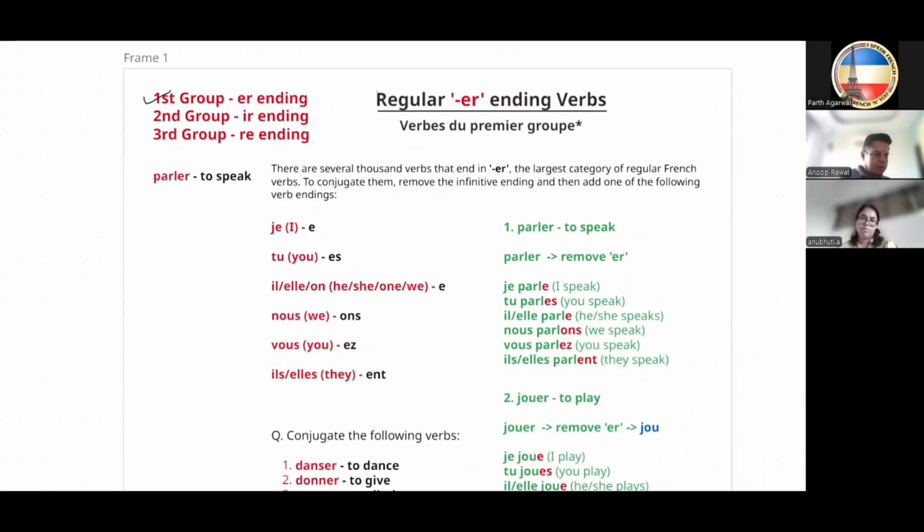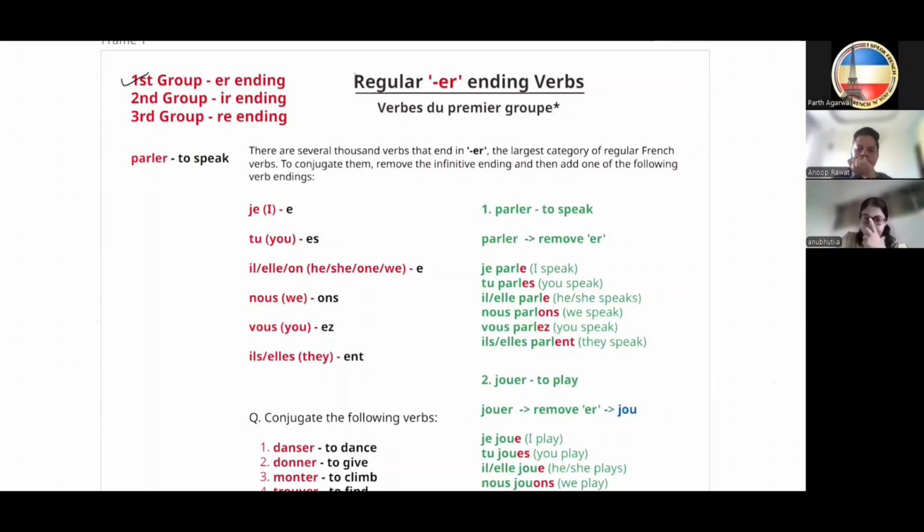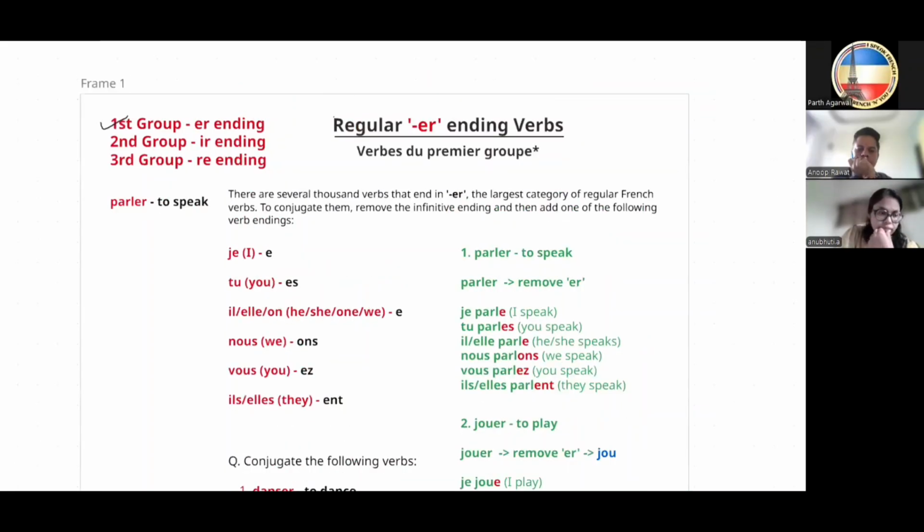Like just a few minutes back, as Anubhuti explained, we have certain endings. If you see over here, je with e, tu with es, il/elle/on with e, then we have nous with ons, vous with ez, and ils with ent. So these are the endings that we put with regular ER ending verbs.